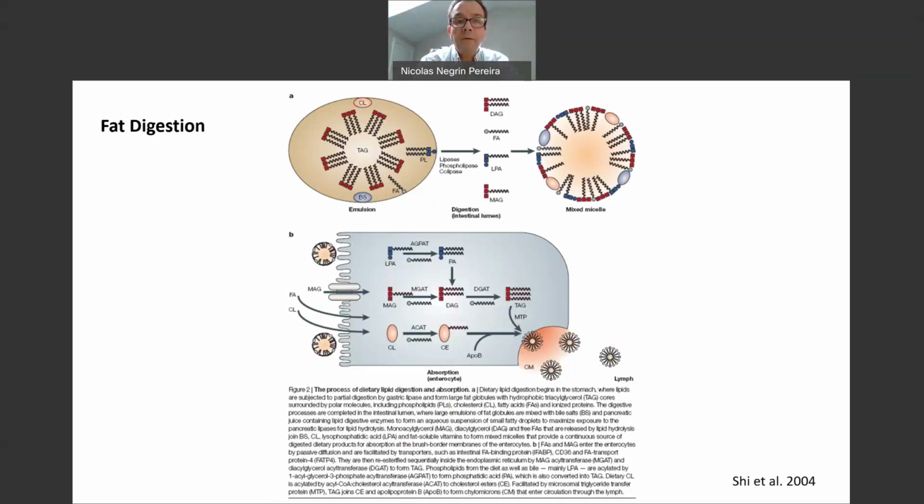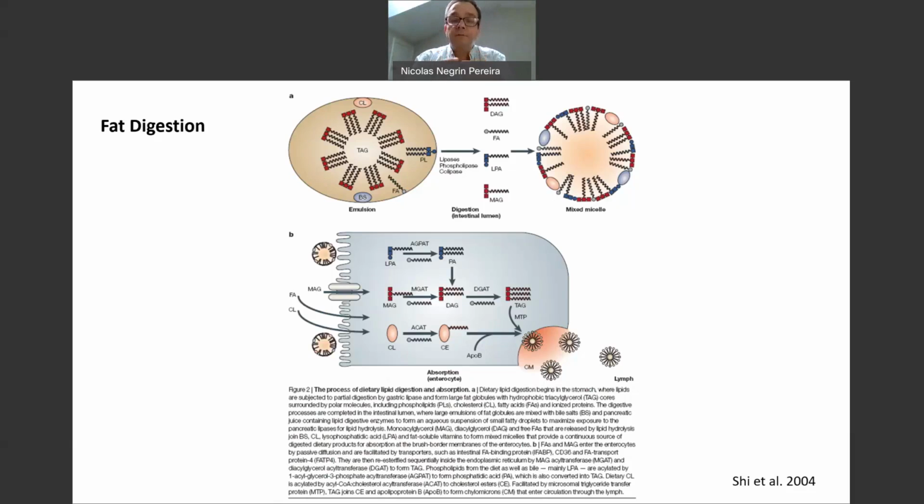We can see this diagram where these micelles are actually associated with molecules of cholesterol, of course, triacylglycerol, phospholipids, and the bile salts. And then the action of lipases, phospholipases, and colipases is going to act on these micelles, producing diacylglycerol, fatty acids, and also lysophosphatidic acid and monoacylglycerols, and forming these mixed micelles.